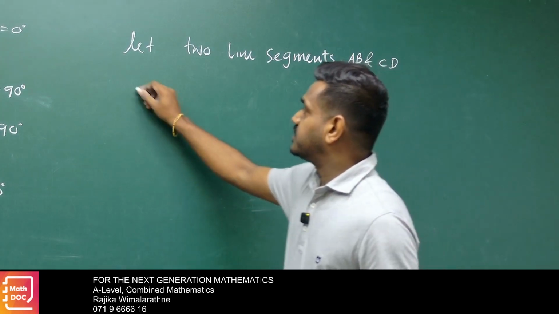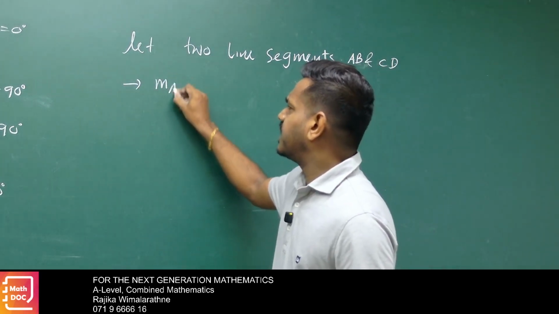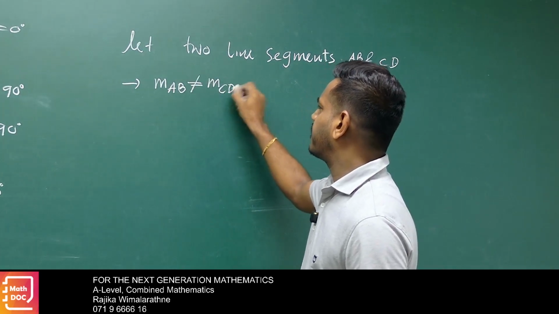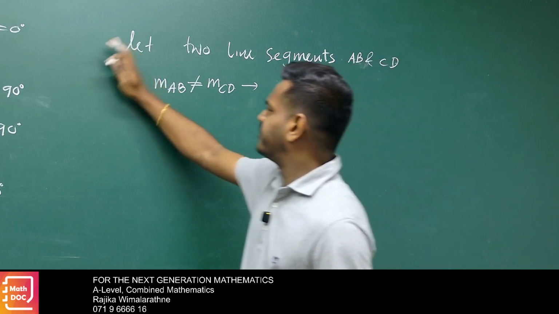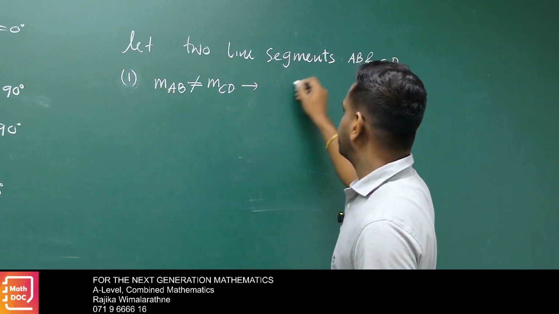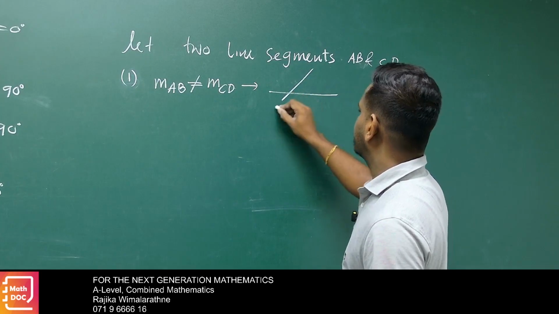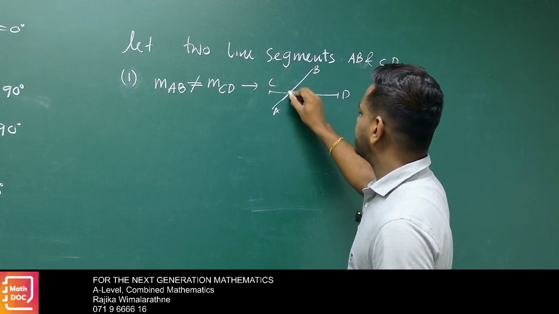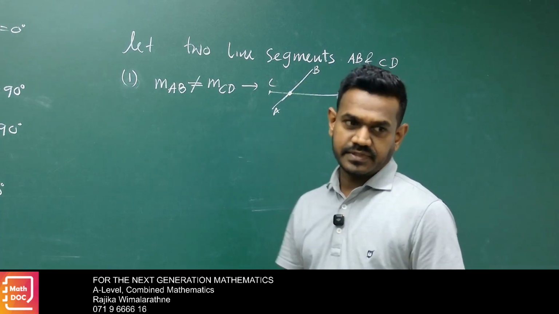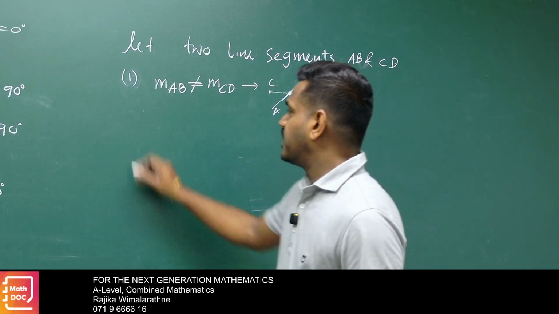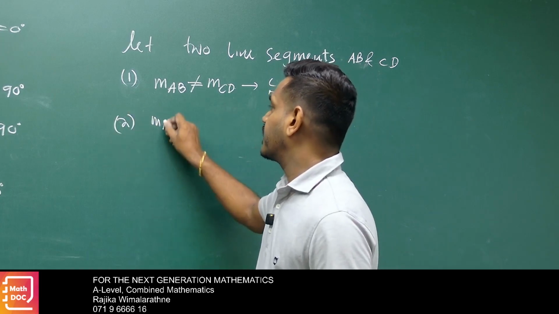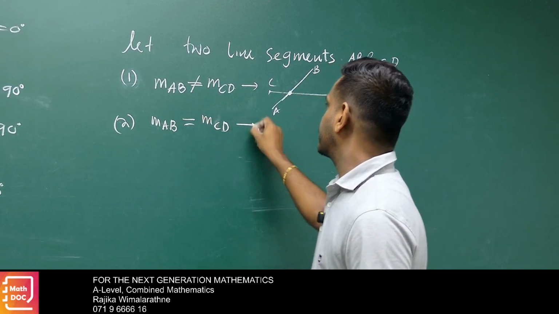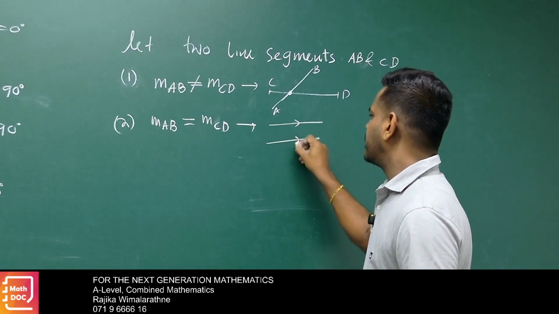First, MAB is not equal to MCD. Then the corresponding diagram will be like this. There will be an intersection point, since the gradients are different. Now the second case, MAB equals MCD. Then they are parallel.